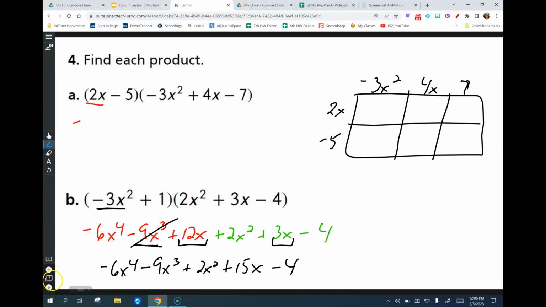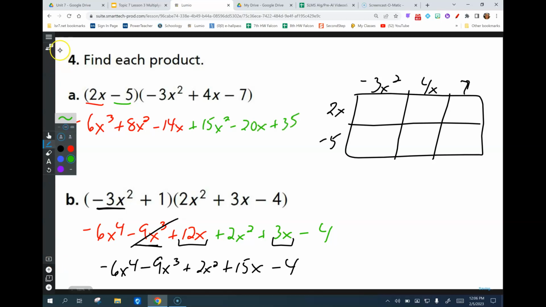So I have negative 6x cubed plus 8x squared minus 14x. Now I'm going to move my finger to the negative 5, so I have a positive 15x squared minus 20x plus 35. Now we combine like terms. So I have a negative 6x cubed, doesn't combine with anything. 8x squared and 15x squared.